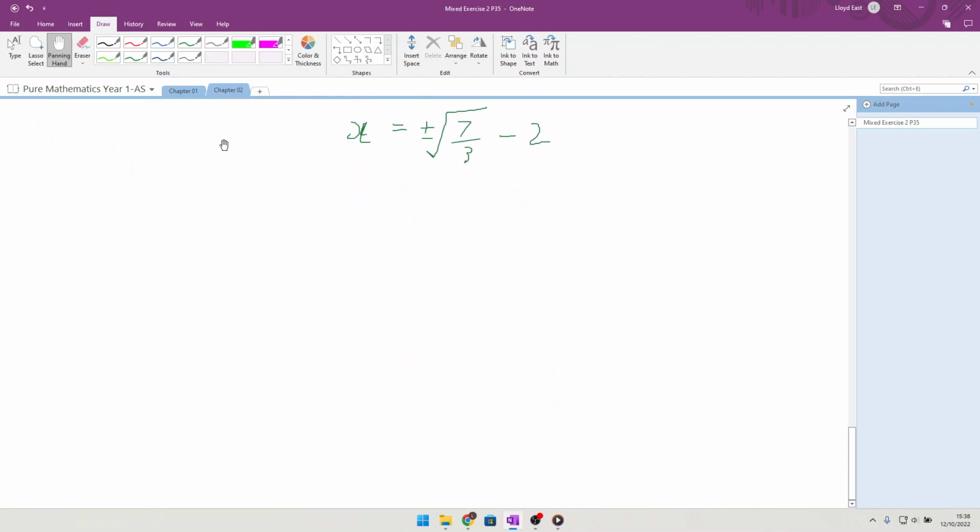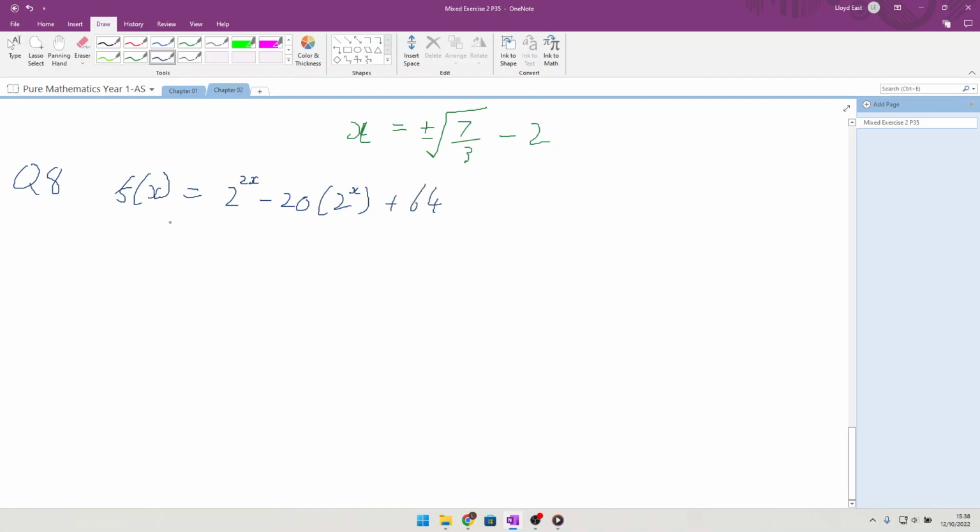Question 8. The function f of x is equal to 2 to the power 2x minus 20 times 2 to the x, plus 64.